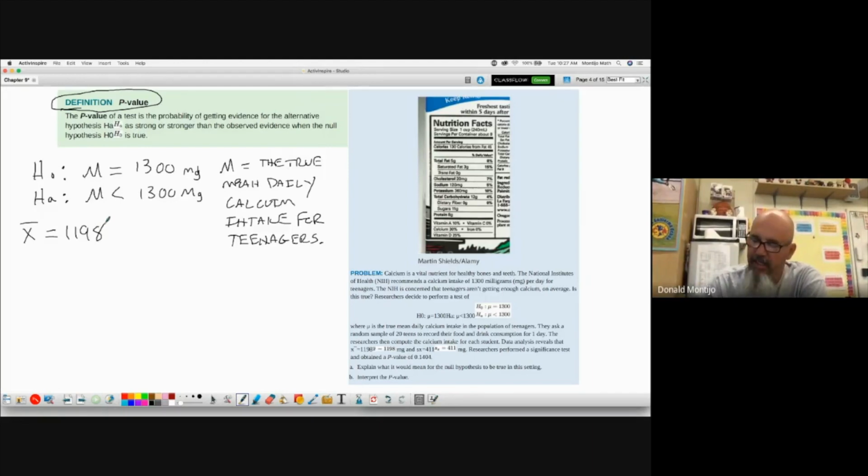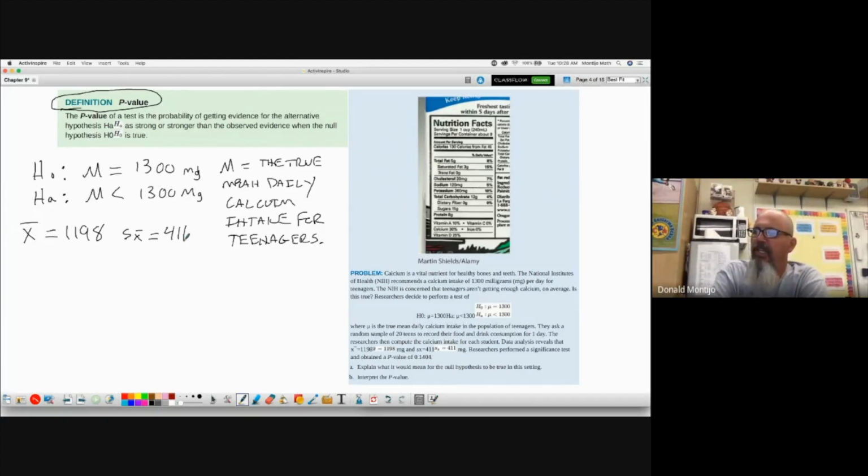If this 1198 that we found is very unlikely, assuming the null is true, then we would have to reject their claim, or we would reject the null hypothesis. So the statistics they found was that the mean was 1198 with a standard deviation of 411.